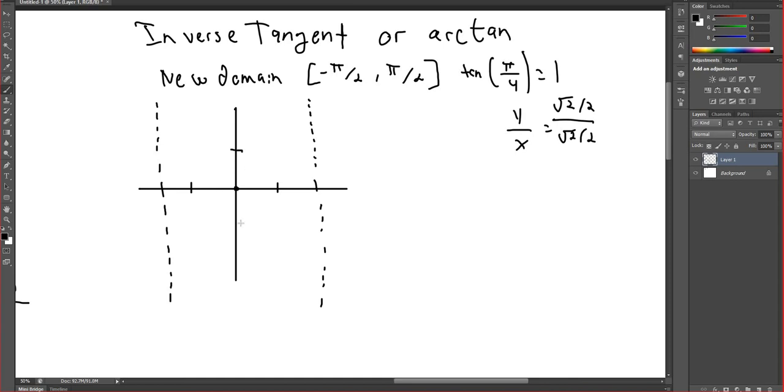So here's my 1, here's my negative 1. It's kind of like quadratic in that it looks parabolic, but it's not quite. So this would be our graph for the tangent function.